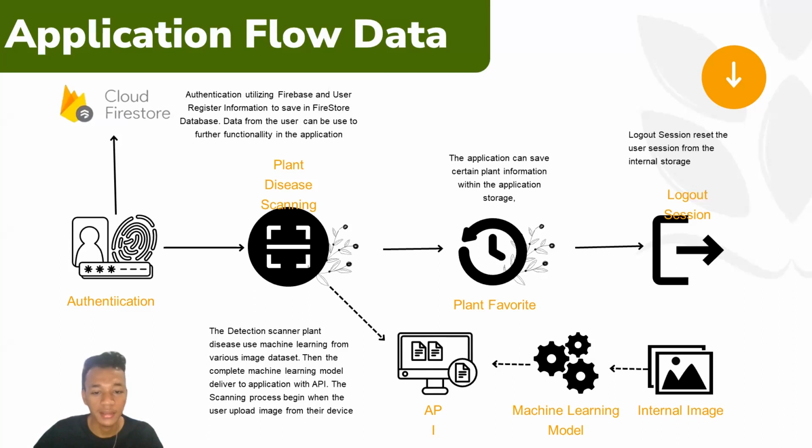And plant disease scanning will consume an API provided by our backend that utilizes our machine learning model to classify plant disease. In the application itself, the user can save plant information within the application storage, and let's say set it as their favorite. And then the logout session wipes the user session from the internal storage.